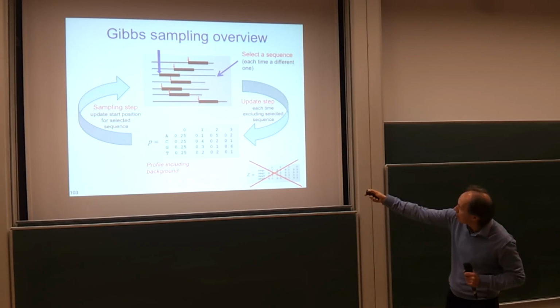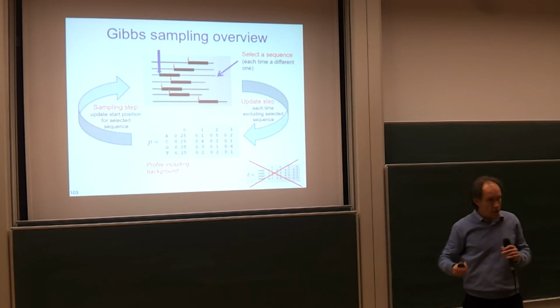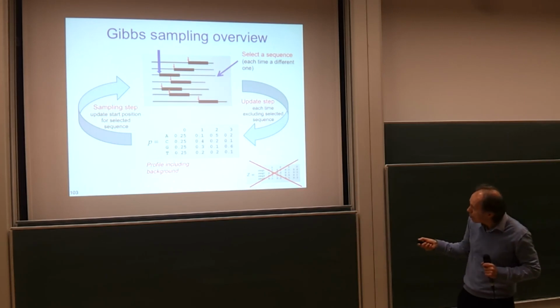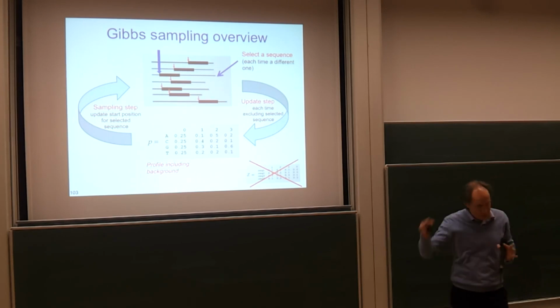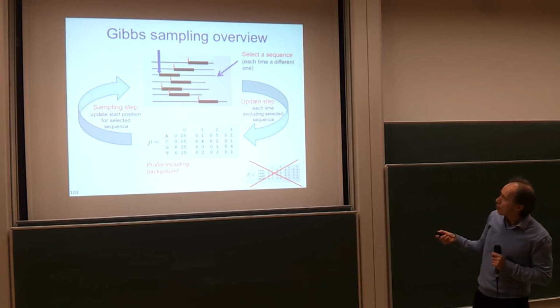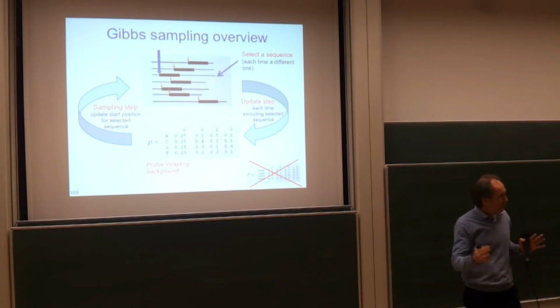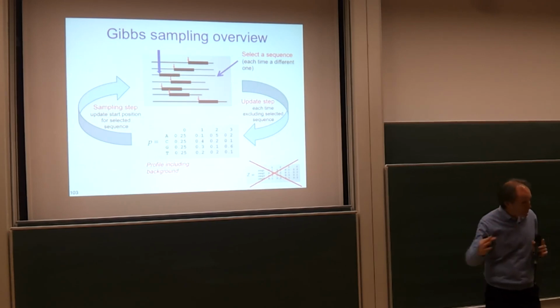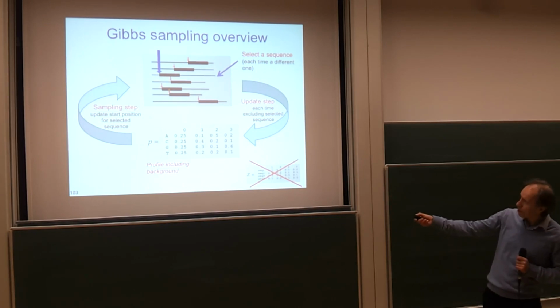Given all of these positions in the other sequences, we now know what letters we have here, what letters we have there, and we can build a new profile. Now we say, okay, that's great. Then what do we do? We use this profile to slide over the blue sequence to find the best position. Maybe now the best hit given the updated profile is here. Fine. We select, eyes closed once again, a new sequence, maybe the bottom one, and we do the same.